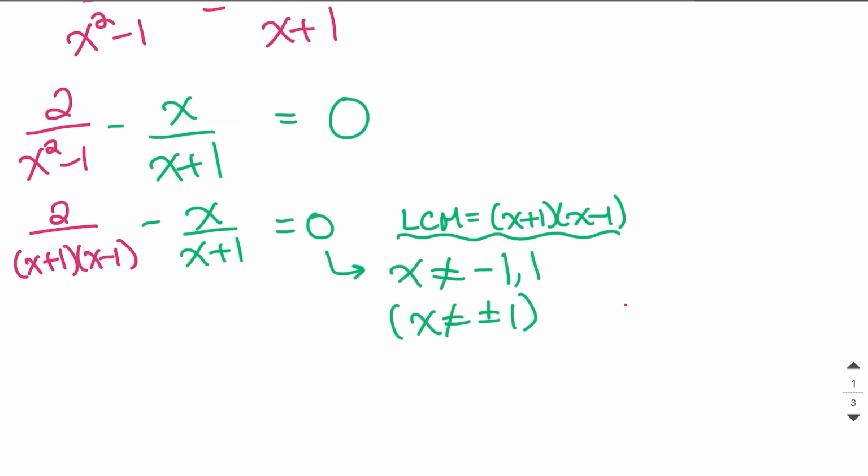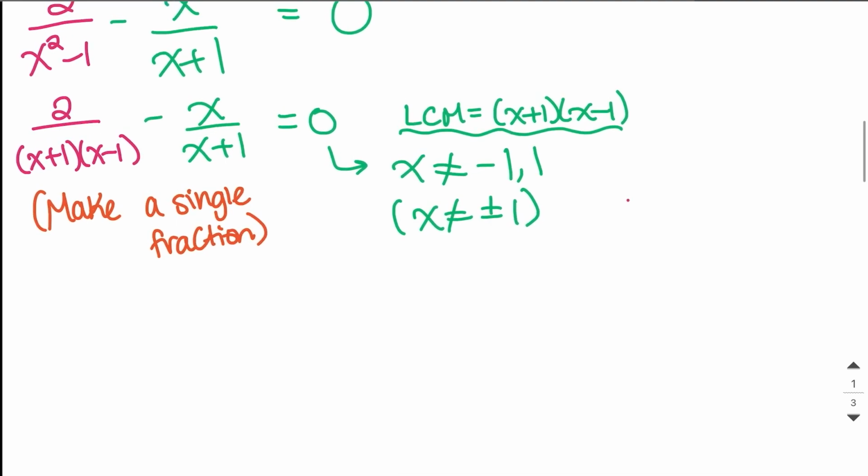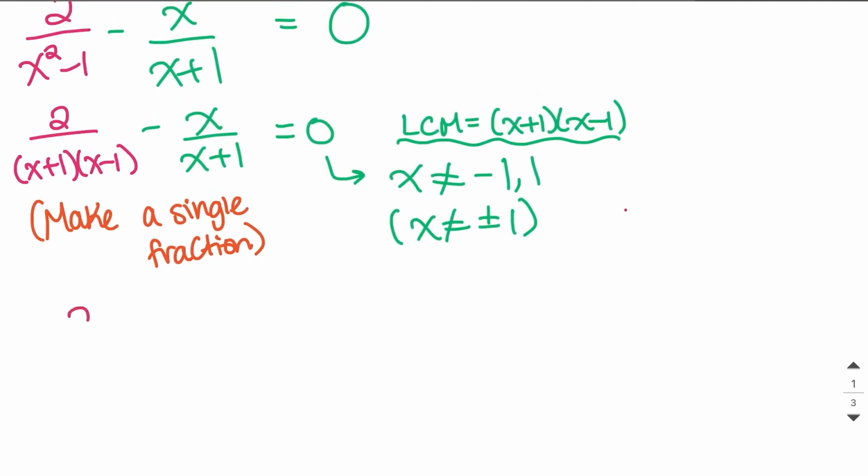Now that I know what my common denominator is, I'm going to make a single fraction out of this whole entire left side right here. So in order to do that, I'm going to say that this is 2 over x plus 1 times x minus 1.